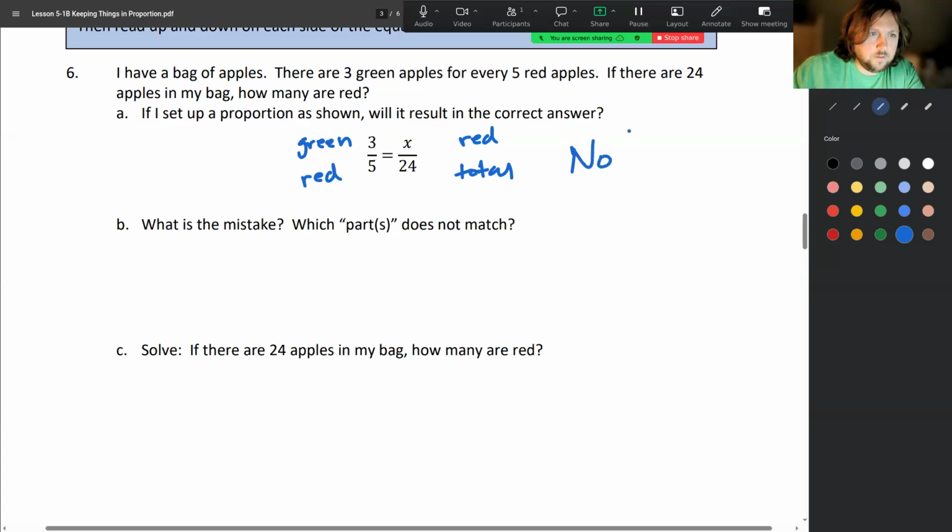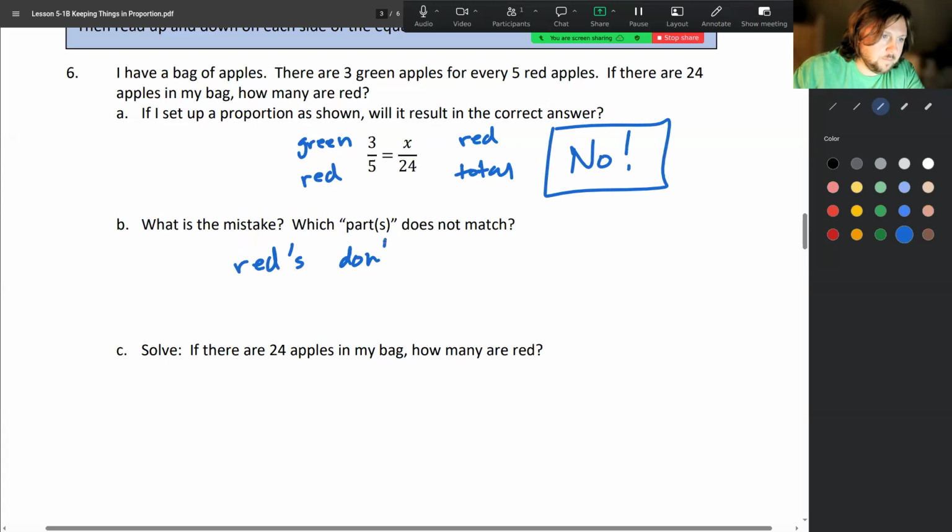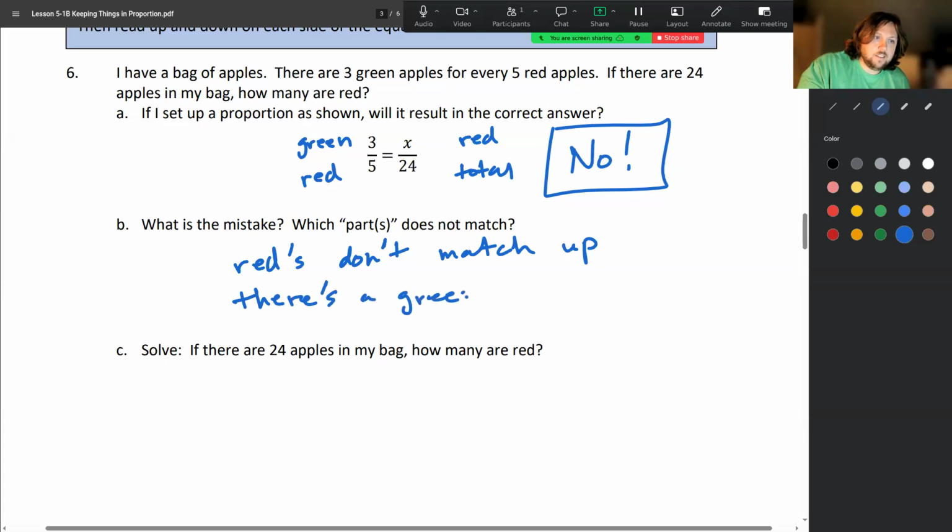No. So red reds don't match up. And we can see there's a green total on the left-hand side is missing.